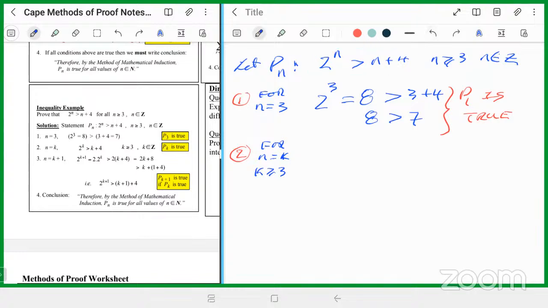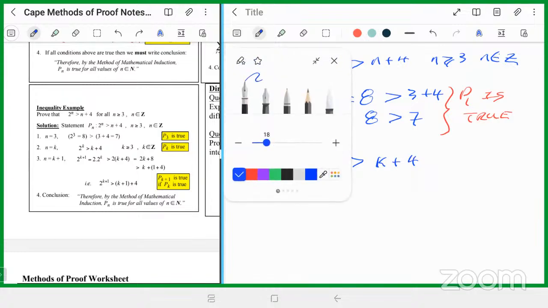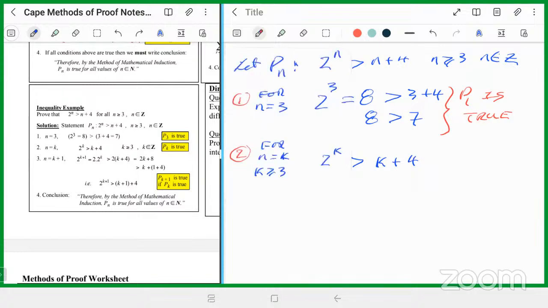So you're going to have 2 to the k is greater than k plus 4. All right. So here now you assume that Pk is true.